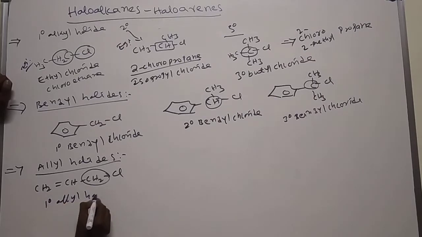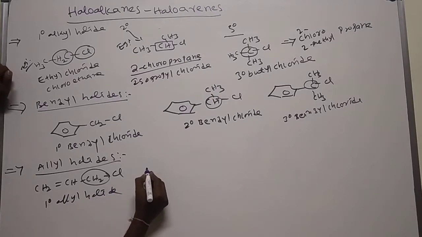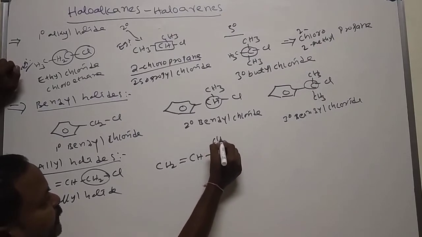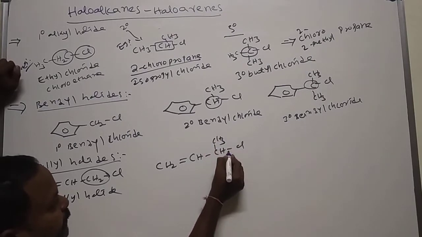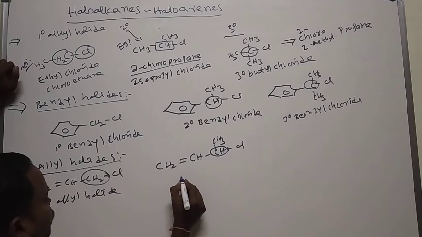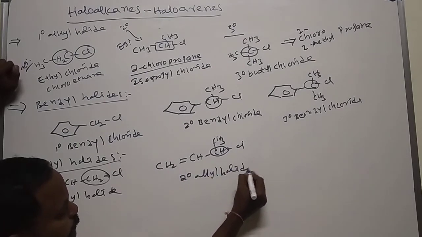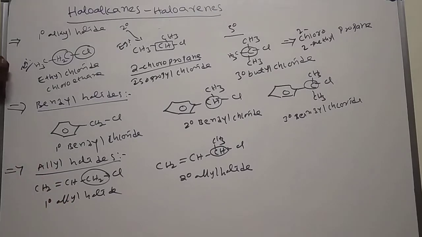Primary allyl halide. Secondary allyl halide means CH2=CH-CH(CH3)Cl. This is the secondary carbon, so we call it secondary allyl halide.